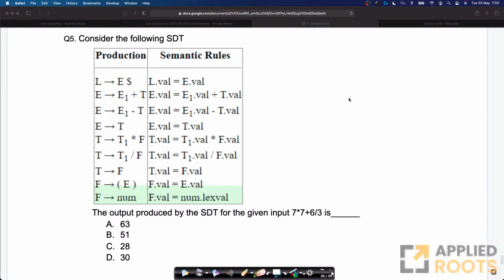This problem, while it is easy, can be made tricky. I've seen a few variations of this problem where the examiner can make it tricky very easily.